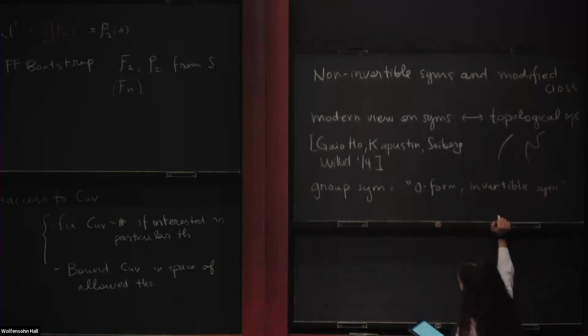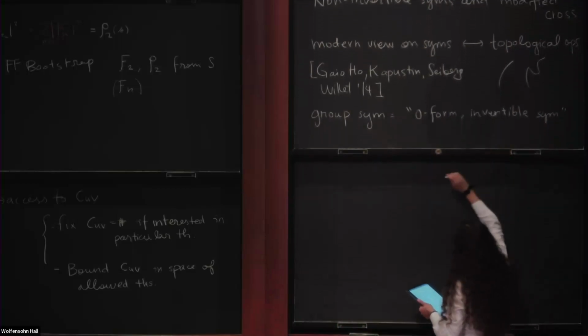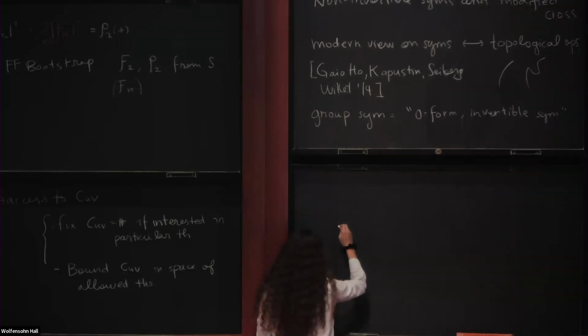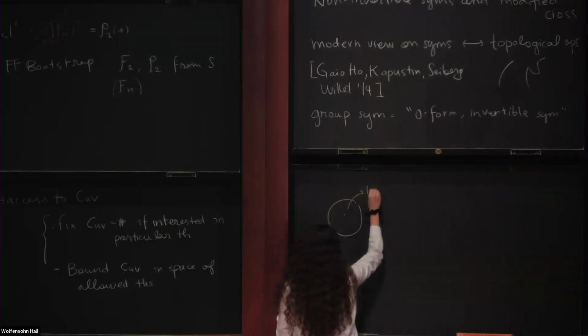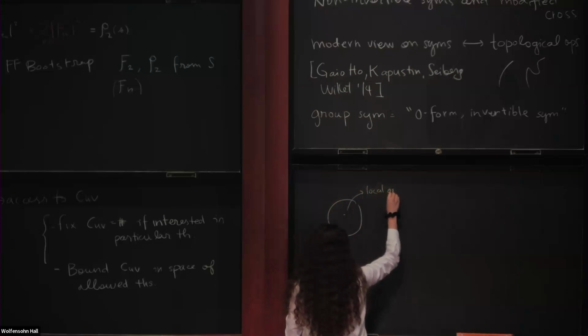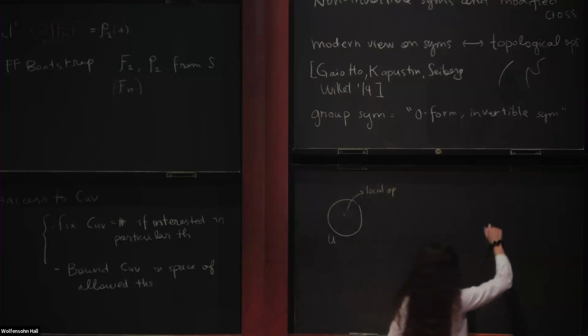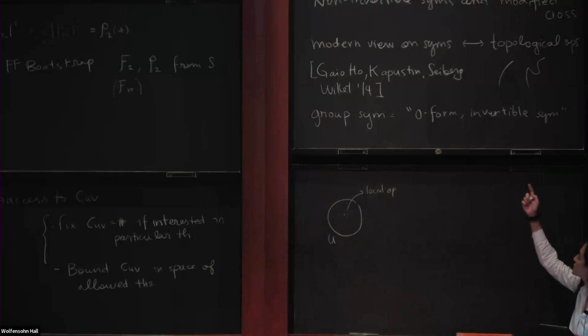To explain a little bit what I mean by this: by zero-form, I mean that these topological operators, which I can call U, act on local operators. For instance, for continuous symmetries, you can construct these topological operators from the Noether current.